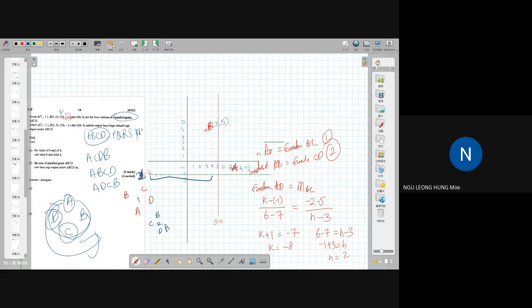Okey, so katakanlah kita lukis C di sini. Saya pun tak tahu di mana, katakan di sini. C. Maksudnya, D boleh ke tidak di atas ini? Tak boleh.